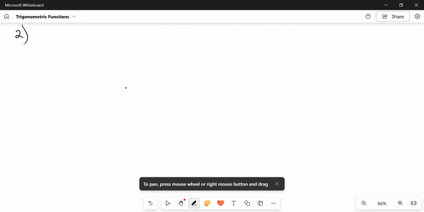Number 2. Now they're saying sketch the graph of y equals cos x. The restriction: x is an element of negative 360 to 360.